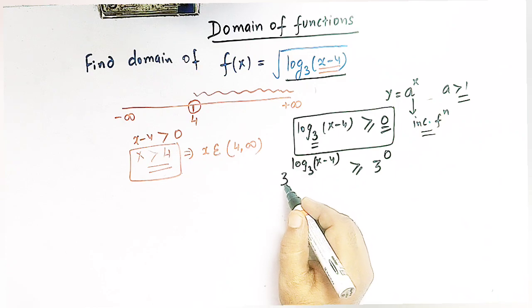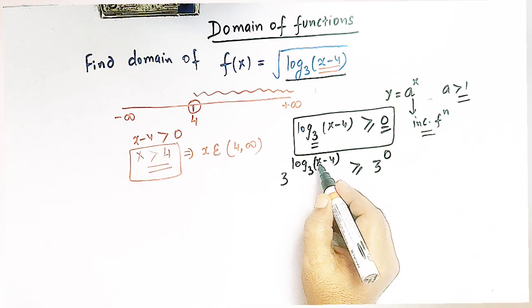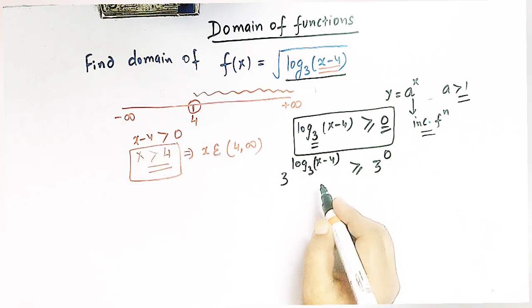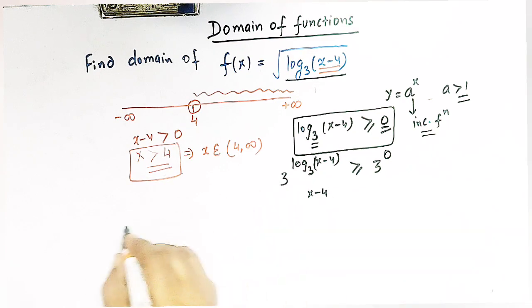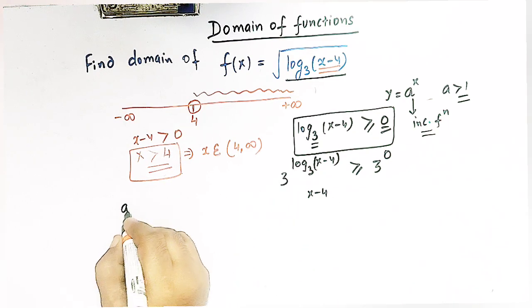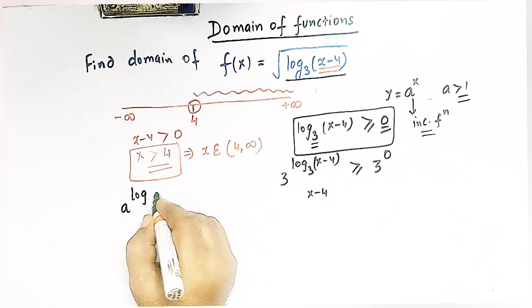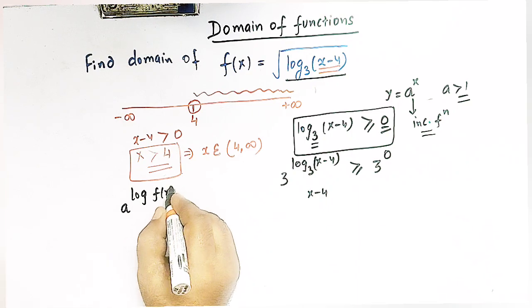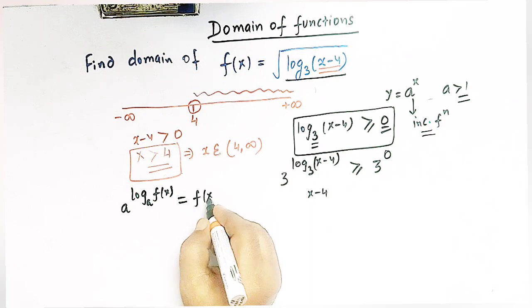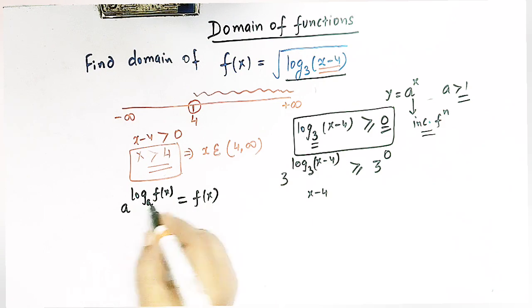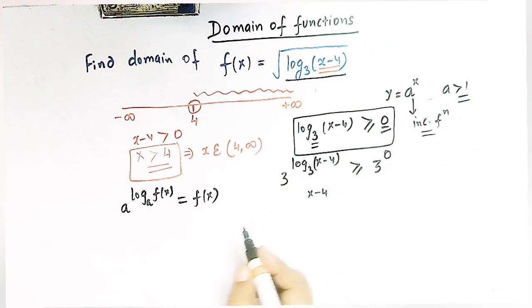Now 3 raised to log of x minus 4 to the base 3 is simply x minus 4, because we know that if we have a raised to log of say f of x to the base a, then this is equal to f of x, where a is greater than 1.